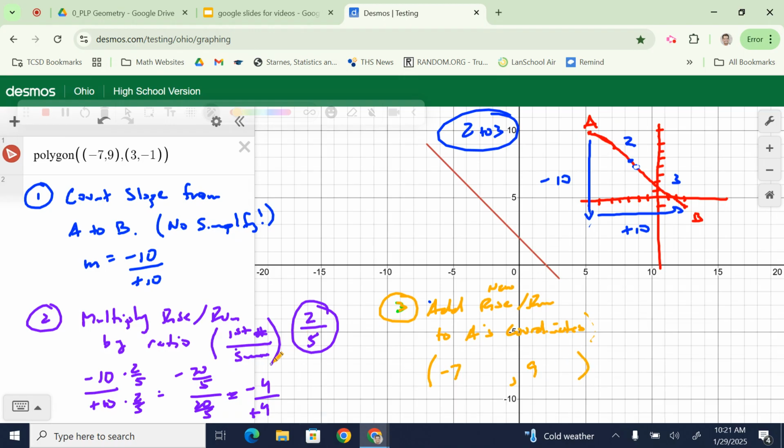We have to be sure we know that this -4, the rise, goes to the y, so to the y, we're going to subtract 4. And this +4, the run, is to the x, and we're going to add 4. When we do this, -7 plus 4 is -3. 9 minus 4 is 5. And this is going to be the point on that segment that splits this segment into a ratio of 2:3.